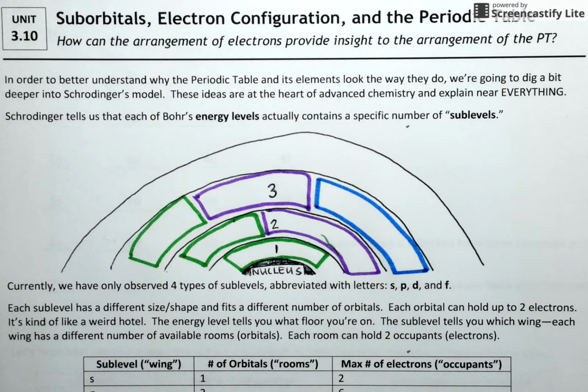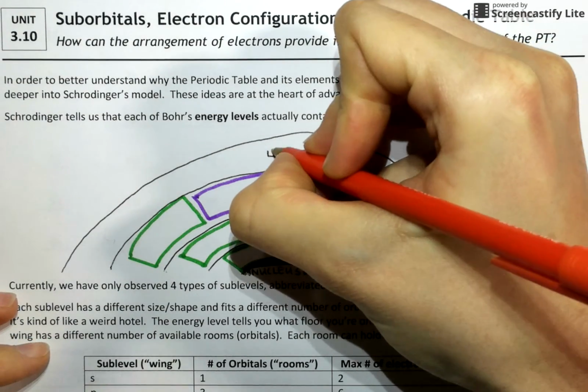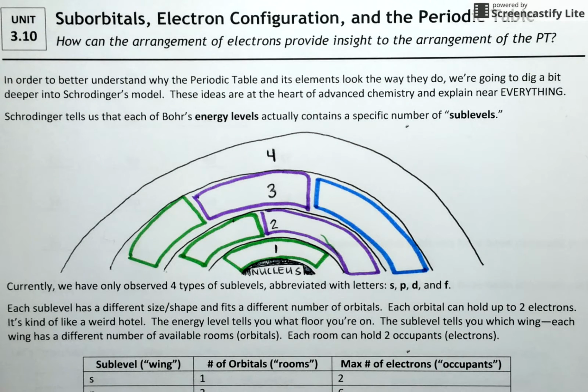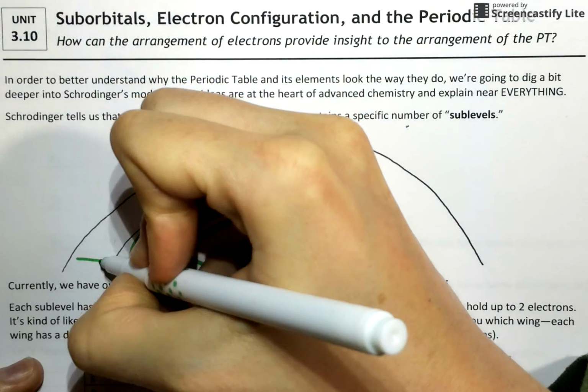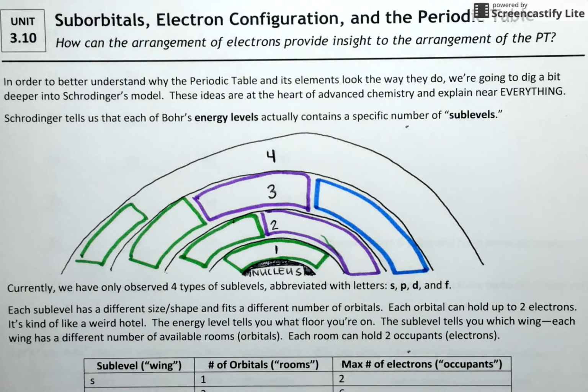And as you can imagine, if we move up one energy level more, up into energy level number 4, there's even more room for some of Schrodinger's sublevels. So there's space for that green one. There's space for the purple.